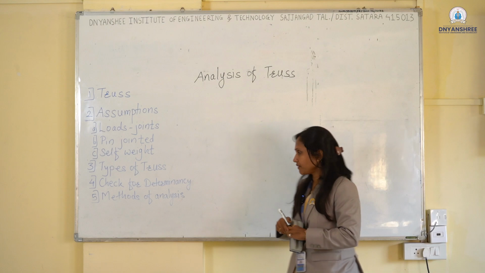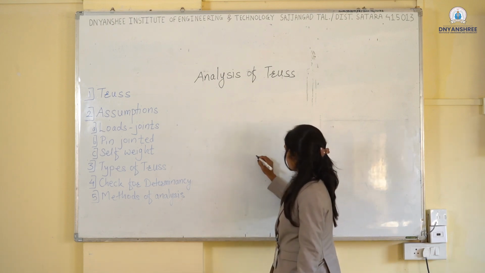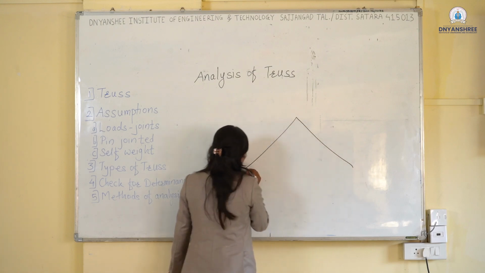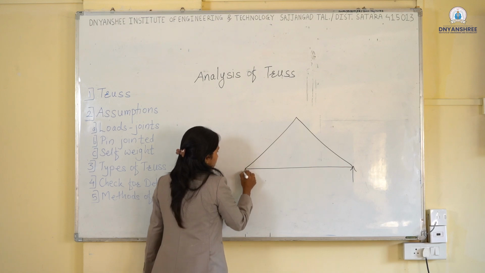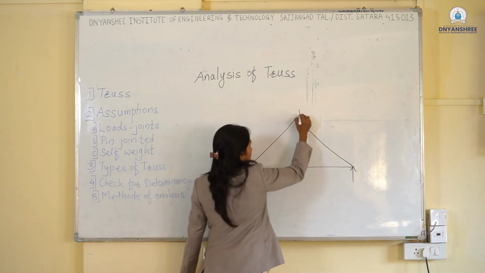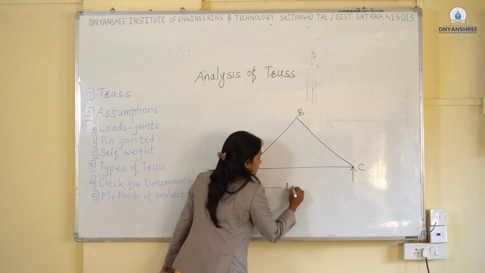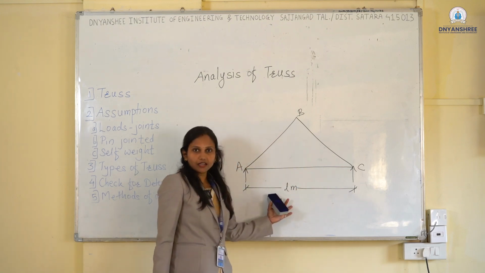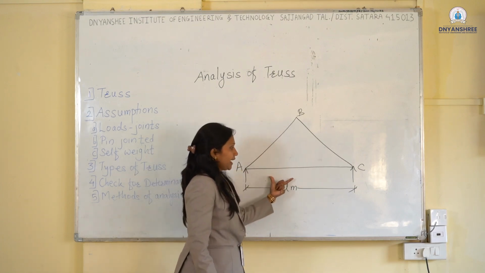In a simple way, I will draw the simple structure of a truss. This is also a truss. You can name it A, B, C. This is a simple structure of a truss having length L, and these are AB, BC and AC.